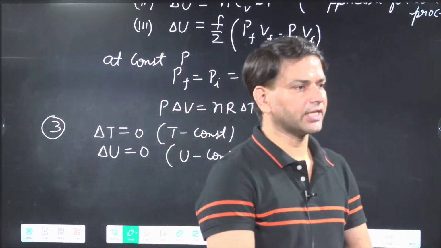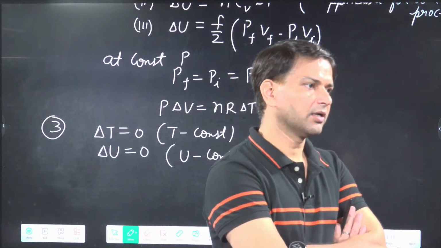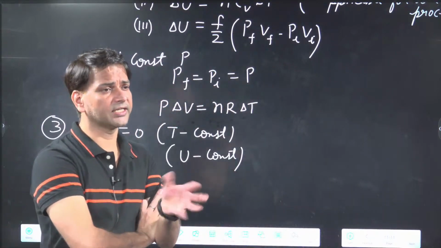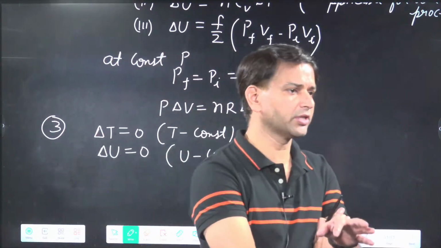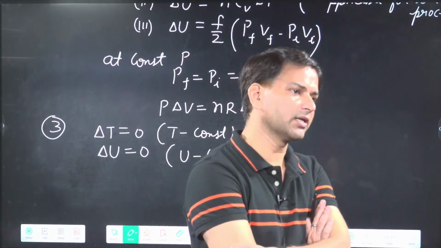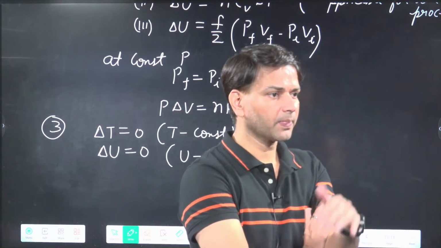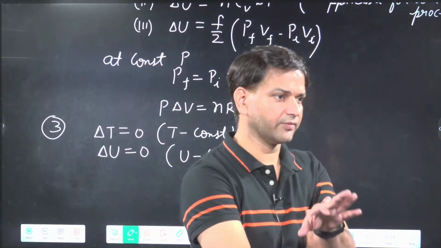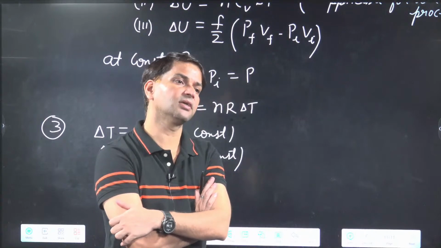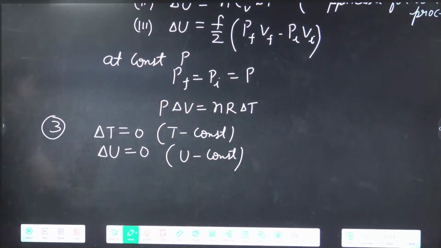If temperature is increasing, will internal energy increase or decrease? Increase. Why? Delta T is positive, so delta U will be positive. Delta U positive means U final is more than U initial, so internal energy increases. If temperature is decreasing, delta T is negative, so delta U is negative, which means internal energy is decreasing.